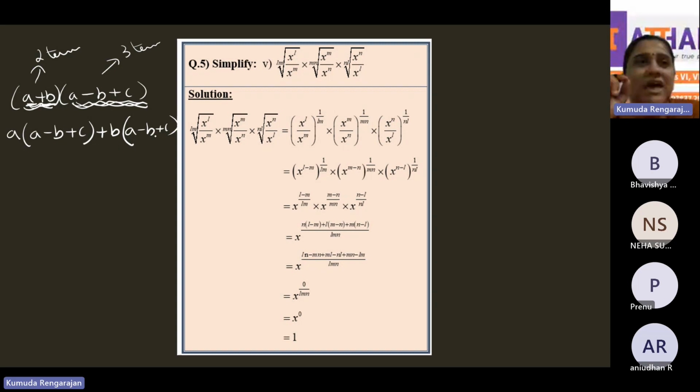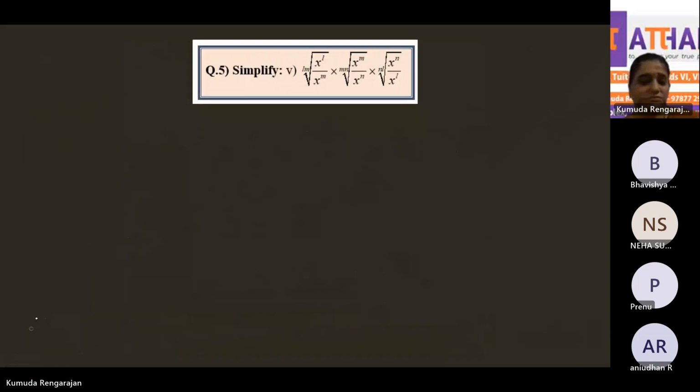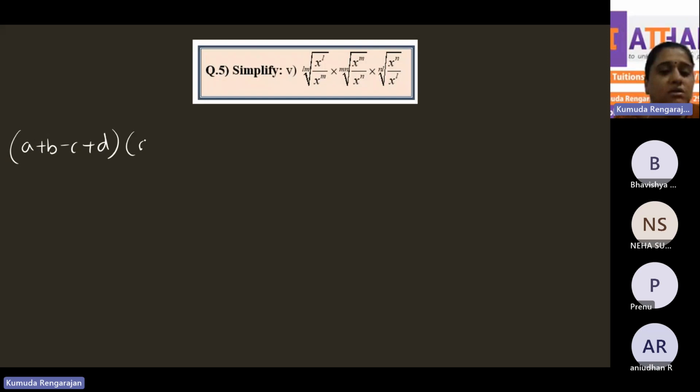So supposing we have A plus B minus C plus D into X minus Y plus Z minus 11, like this.